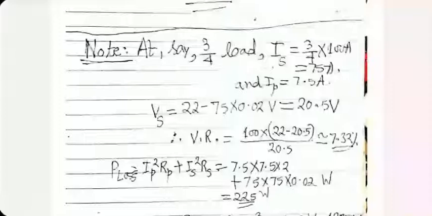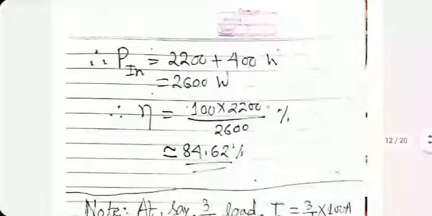When load is lower, voltage regulation becomes lower, which is good for us. The copper loss in primary and secondary can be calculated with new currents. They turn out to be 225 watts. Input power would also change. It will go to 3/4 of the previous value, which was at full load. And you can do the calculations. 88% is the efficiency at 3/4 load.